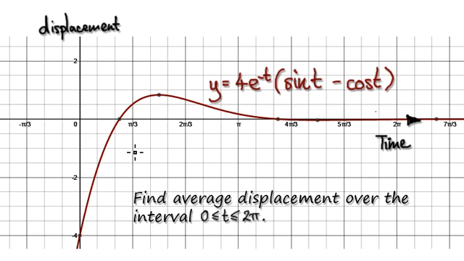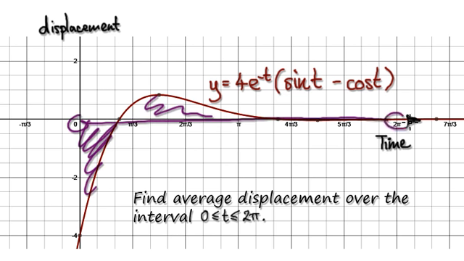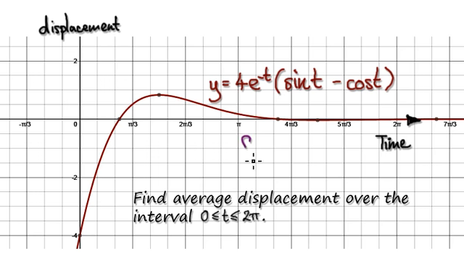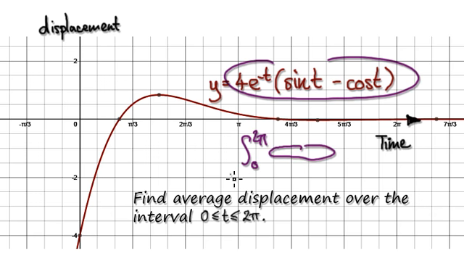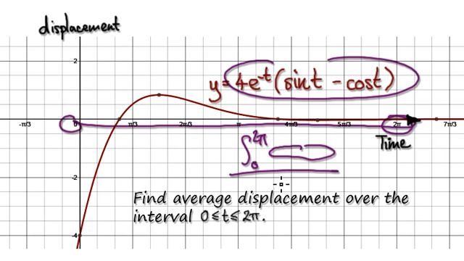Well, to find the average displacement, find the actual area and then divide it by this time here. So work out the area from 0 to 2 pi of this thing here, and then divide by this length here, which is 2 pi, and then that will give you your average displacement.